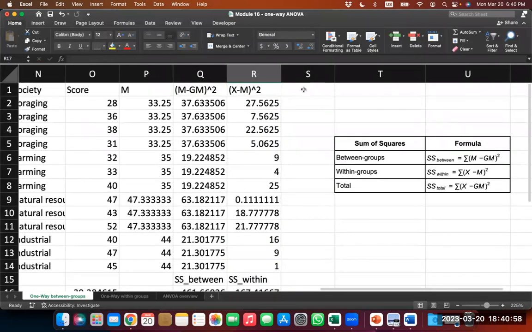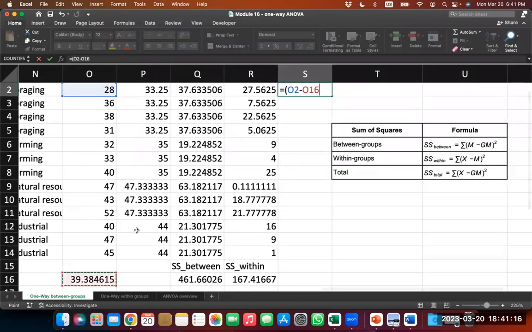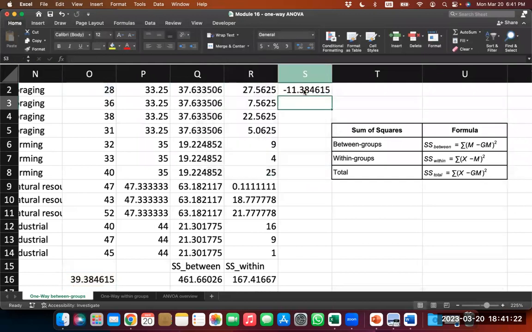It's 167. Then x minus gm, squared: this x, with a bracket, minus the gm, again locked in, squared.